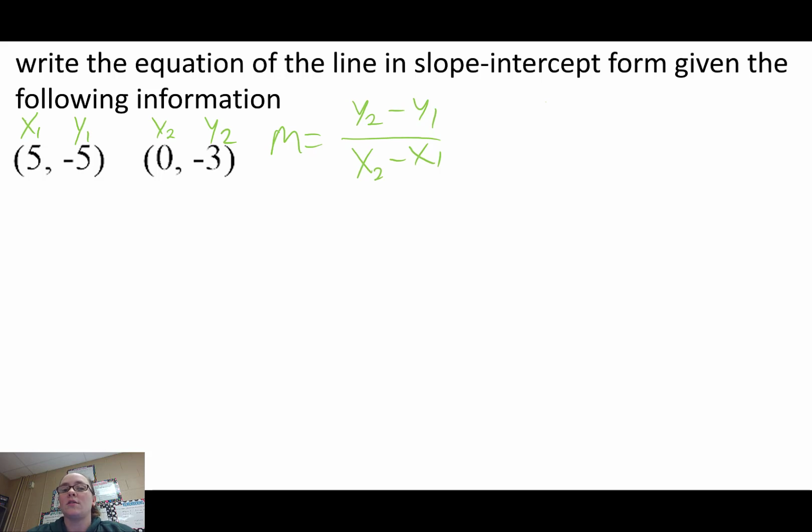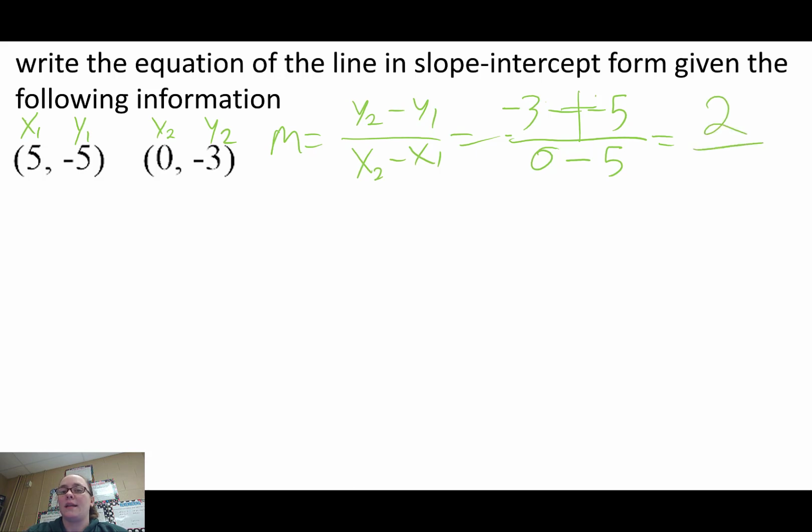So my y2 in this case is -3 minus a -5 over 0 minus 5. -3 minus -5 becomes +5. So -3 plus 5 is 2. 0 minus 5 is a -5. So my slope is a -2/5.